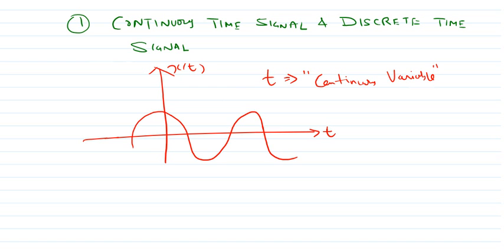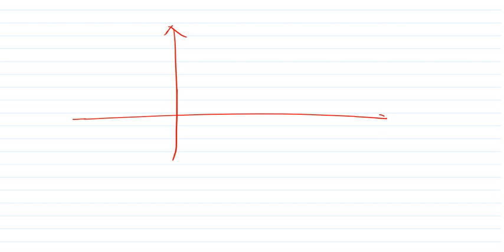But if t is discrete, like we have x[n], then this is a discrete time signal.